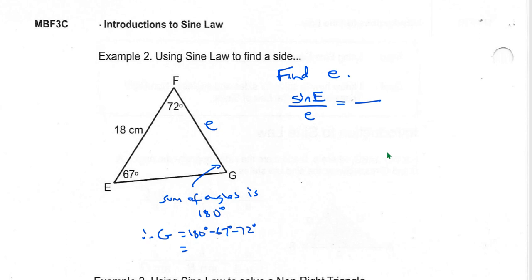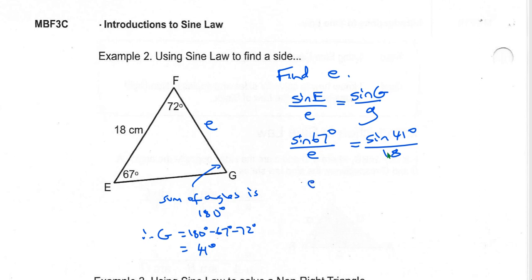And so you put that in the calculator, 180 minus 67 minus 72, and we get 41 degrees. So now for my other fraction, I'll use the G's. I won't use the F's because I don't have the little f. So I'll use the G's because I have big G and I have little g. So now sine 67 degrees over little e equals sine 41 degrees over 18.